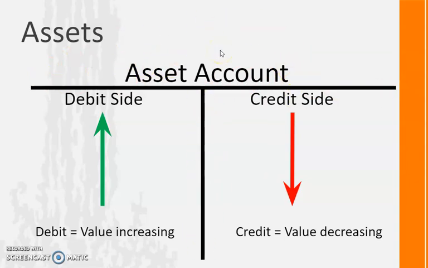It could be cash or supplies or accounts receivable or any of the other assets that we've learned. If I want to put money into this account, meaning this account is raising in value, I would put it on the debit side. If I want to take money from this account, meaning it is decreasing in value, I would put it on the credit side.